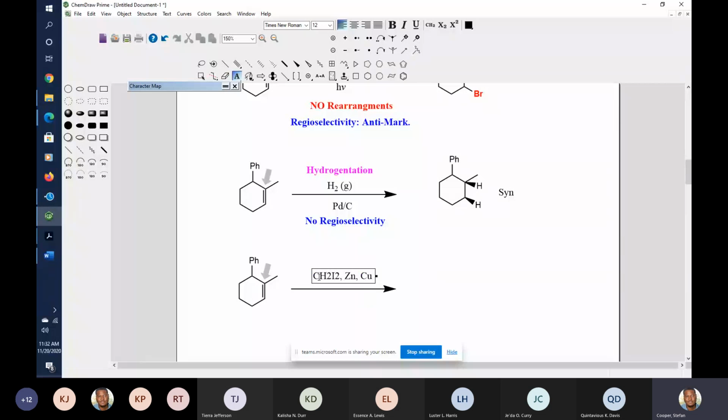I've got this diiodomethane. I'm sorry, this is copper iodide. Get my letters right here. I've got some zinc metal and I have copper(I) iodide. Can anyone tell me what this mixture is going to do? All right. This is why I felt like I should have done this earlier.